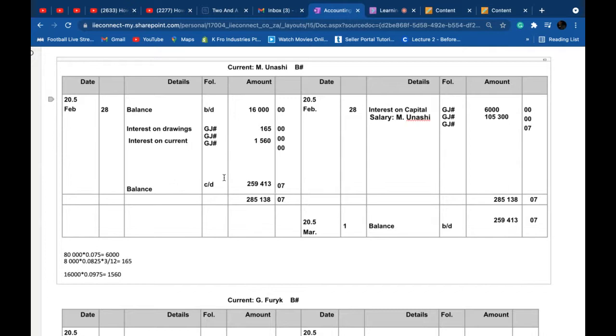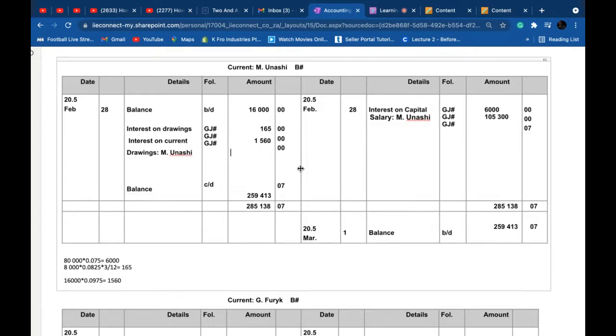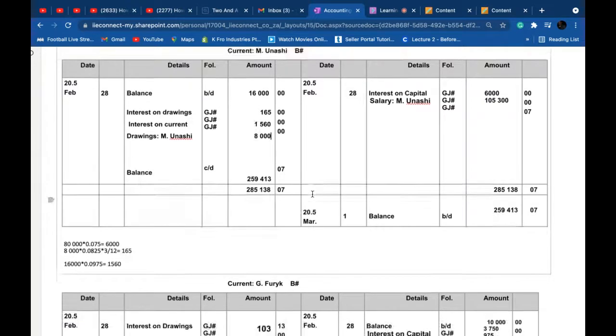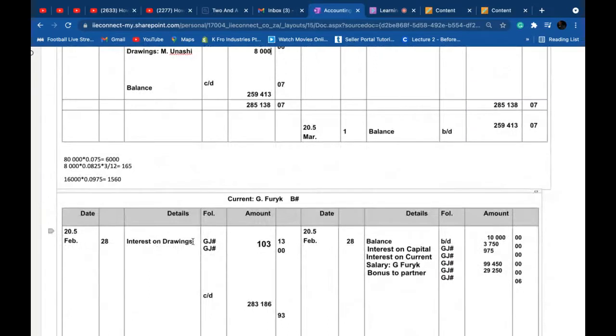Okay? So in order to wrap up our current accounts, we know that drawings gets closed off to the current account. So we know we need to actually record the drawings for both these partners. So for Unashi, for drawings, now I know if that comes in the test, you guys will never forget how to treat it. So drawings there was 8,000. Let's quickly do that for G as well.